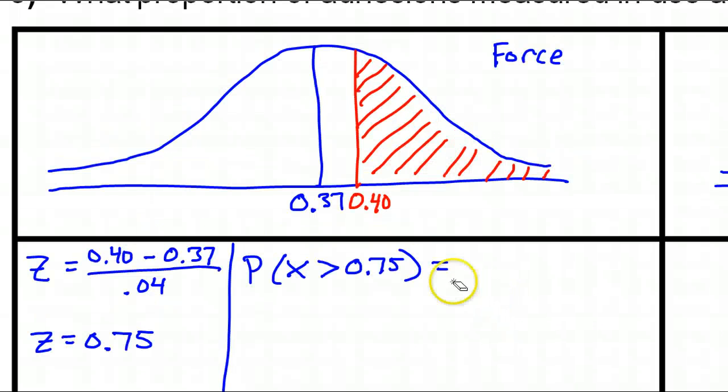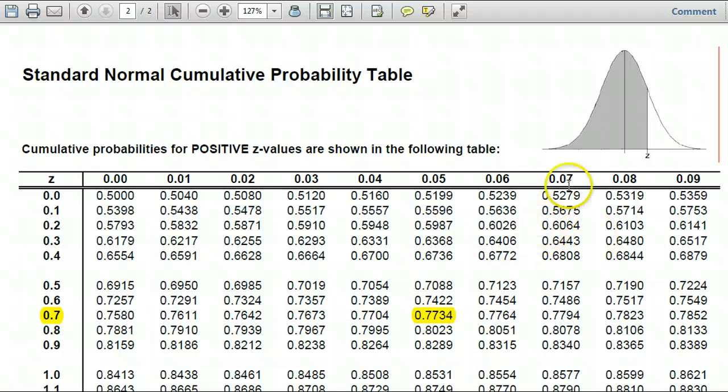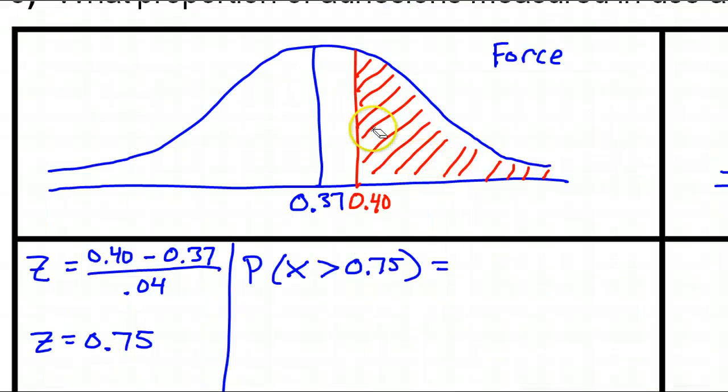This is the situation where I need to do 1 minus the value. Because look, this is to the right, it's greater than the z value. I've tried to emphasize to you that this chart is only giving us percentages to the left. It's always to the left. So if I actually want the percentage to the right, I need to take what I get from the table and subtract it from 1, alright?